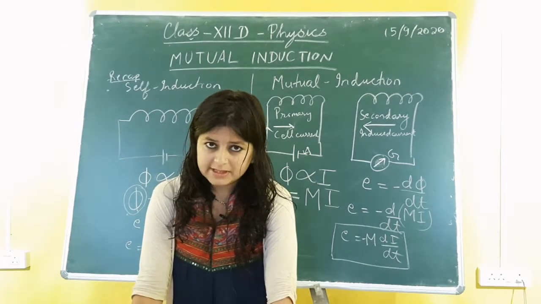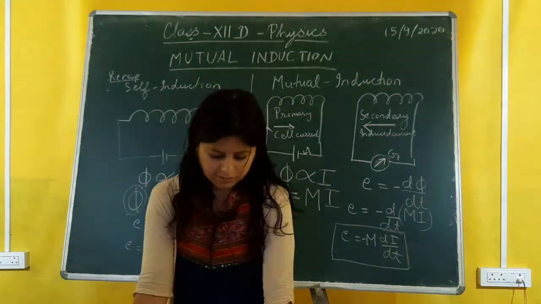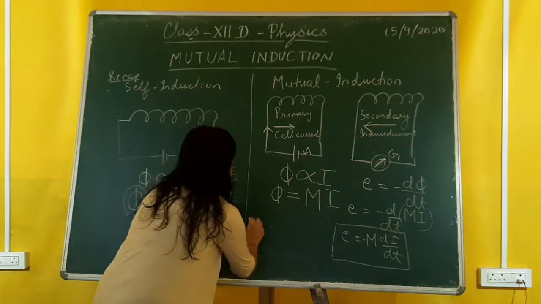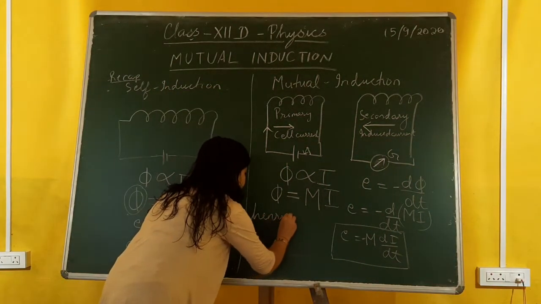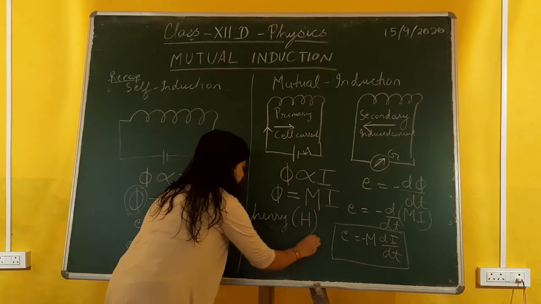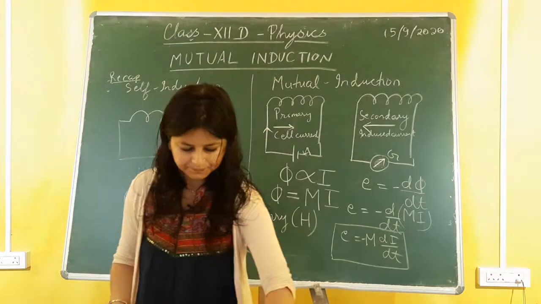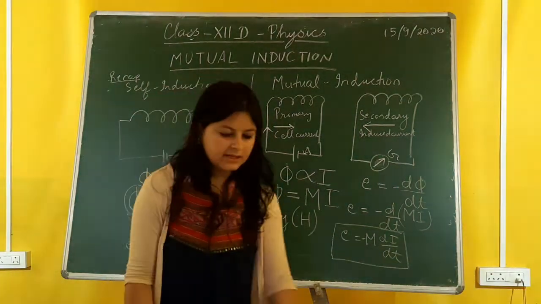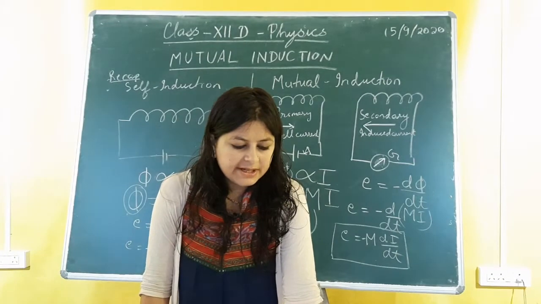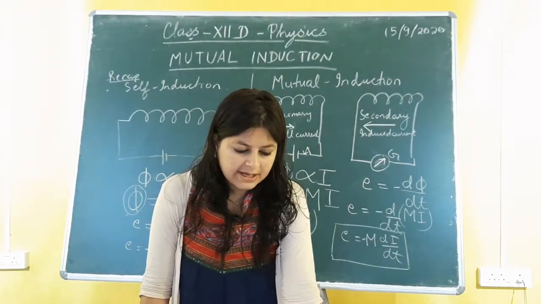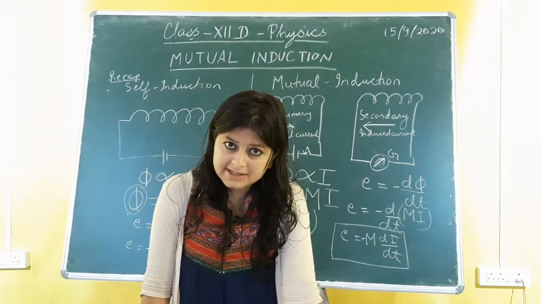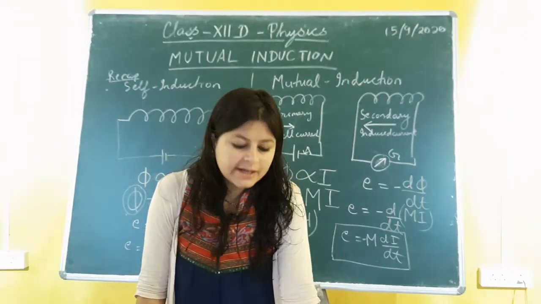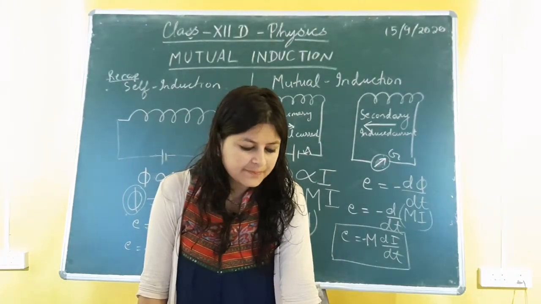And like in the previous case of self-inductance, the SI unit of mutual inductance is Henry, H-E-N-R-Y, named after a scientist, denoted by the letter H. Now if you want to define 1 Henry, the mutual inductance of two coils is said to be 1 Henry when a current change at the rate of 1 ampere per second in one coil induces an EMF of 1 volt in the other coil.